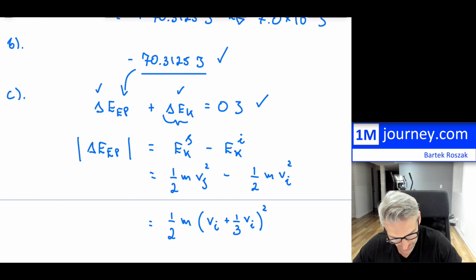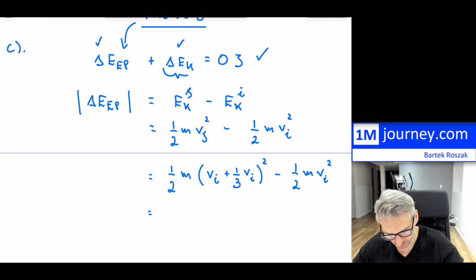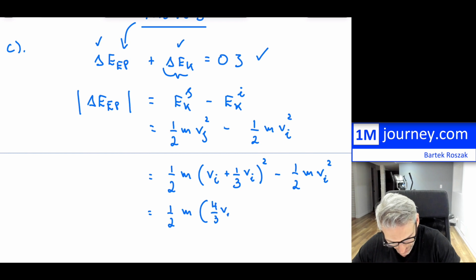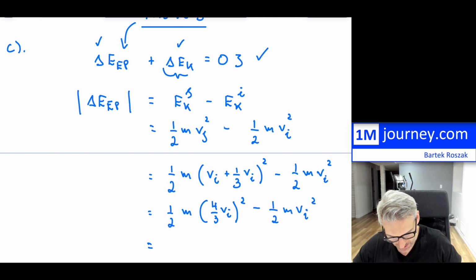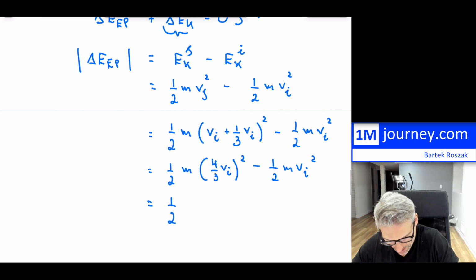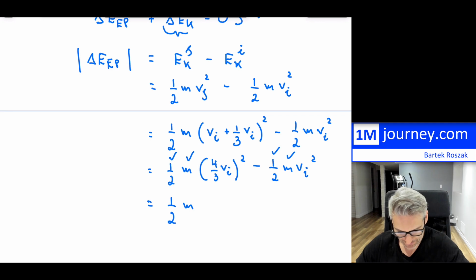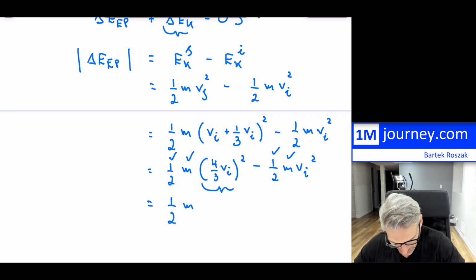This is your final, minus 1/2 m V initial squared. Now we need a little bit of algebra. So 1/2 m, this is going to be 4/3 V initial squared, minus 1/2 m V initial squared. Let's manipulate this. So this is going to be 1/2 m, and notice I'm going to factor out what is in both terms.